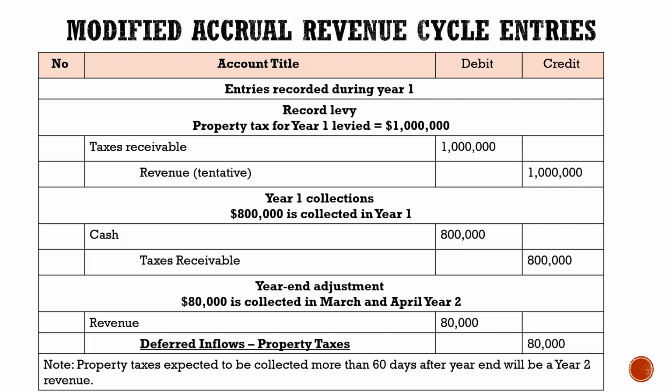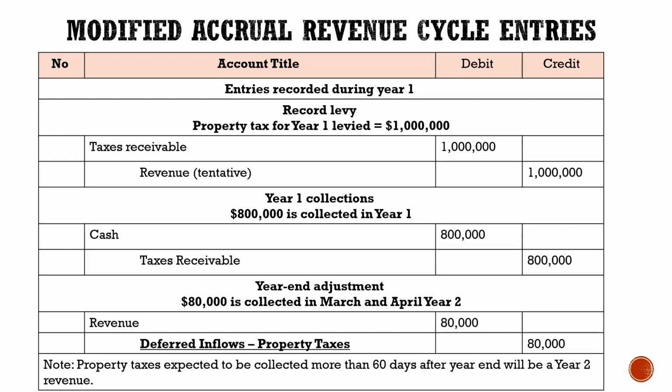We're going to increase that deferred inflow of property tax. Now that is that new account that we talked about a little bit in chapter 3. So what is this deferred inflow of property taxes? Well, I like to think of it as almost like an unearned revenue liability account. The big difference here, though, is that with these deferred inflows, the government does not have to do anything to earn this.